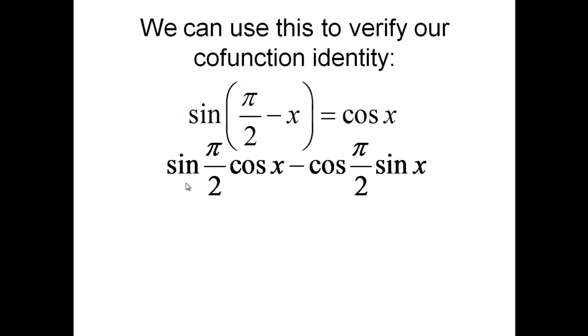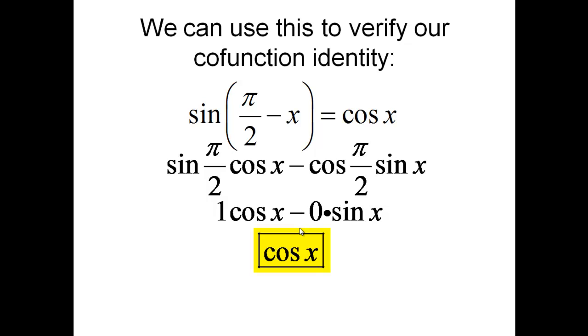So this would break into sine of pi over 2 times cosine of x minus cosine of pi over 2 sine of x. Well, we can't do anything with the x terms, but we do know what the sine of pi over 2 is and the cosine of pi over 2 is. So if I plug that in, we see we get 1 times cosine x, which is cosine x, minus 0 times sine x, which is just 0, so our answer is going to be cosine x, which obviously was our identity.